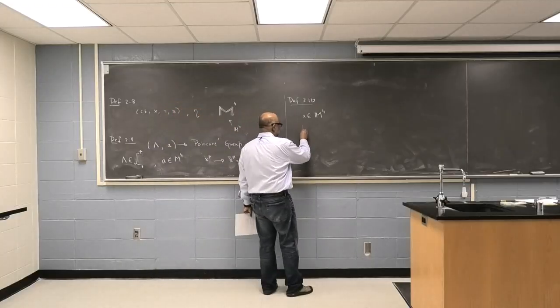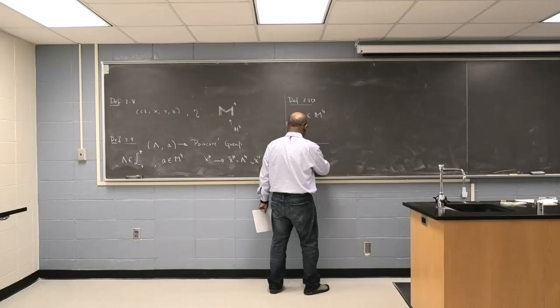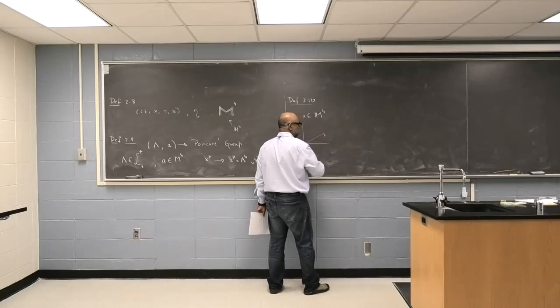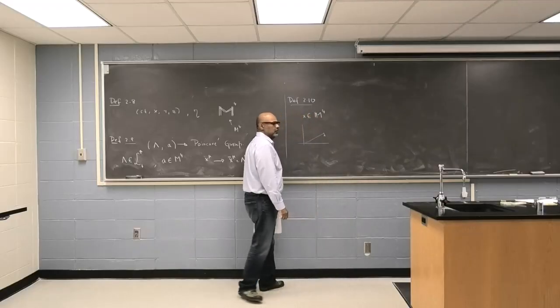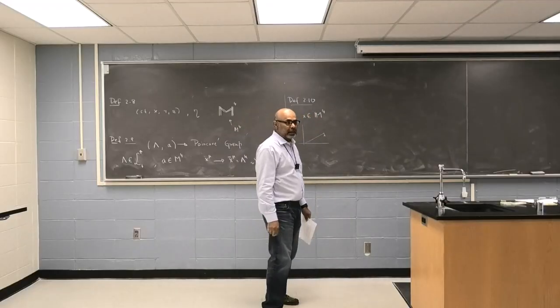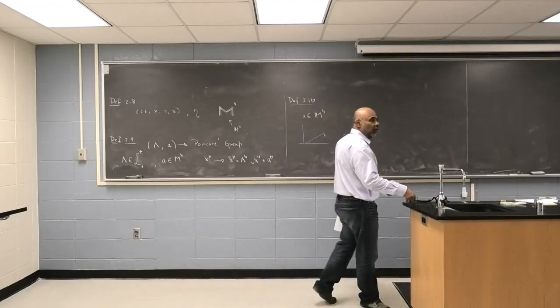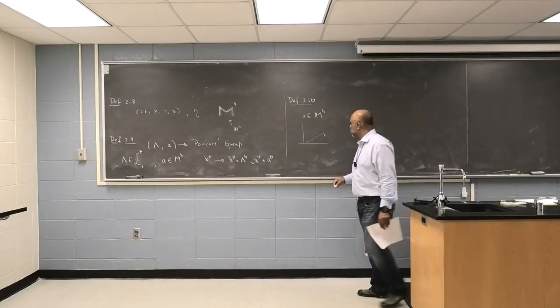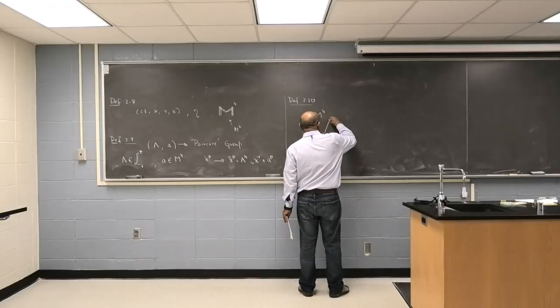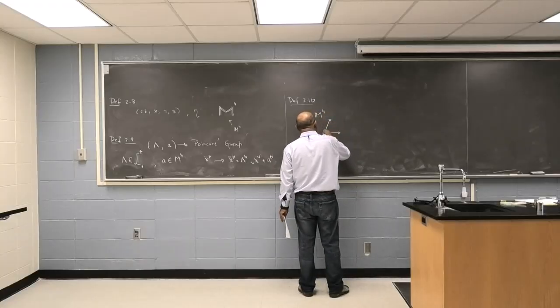So let me draw this. This is the point x. It's a 4-dimensional space. But then at x, I'm going to consider the set of all vectors. You could consider this vector, all of them.